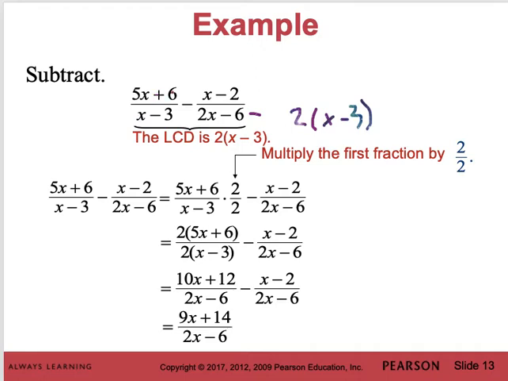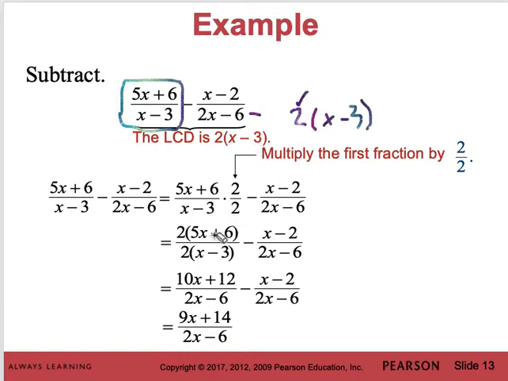We'd have to multiply this rational expression here by 2 for this to be 2 times x minus 3 to make that look the same. So that's what we're going to do. We multiply this first fraction by 2 over 2. The second one doesn't need to be multiplied by anything because it is the least common denominator.